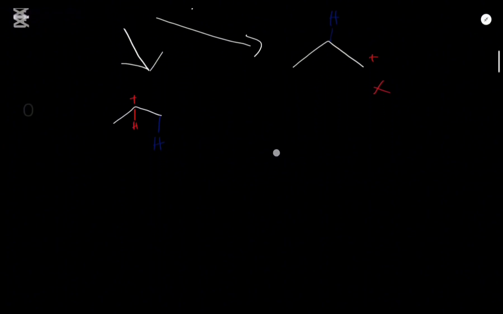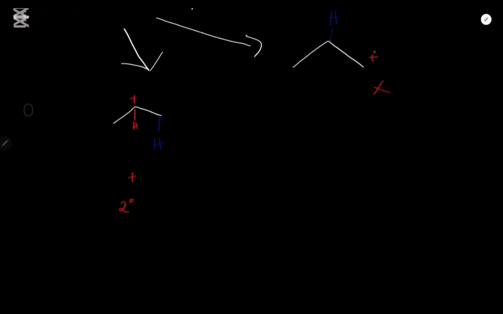Another reason which qualifies that the hydrogen should be on this carbon is that the positive charge, the carbocation, is only on a secondary position. This carbon which possesses a charge is a secondary carbon, because it is attached to another two carbons. That's why it's called secondary.